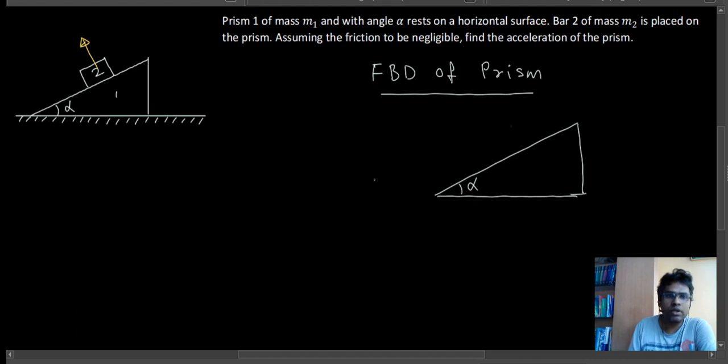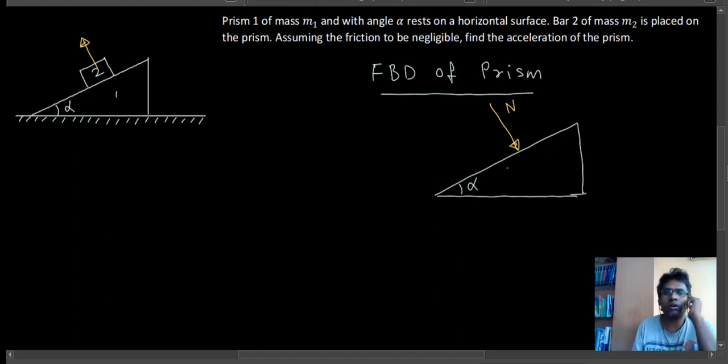By invoking Newton's third law, the bar applies the same magnitude force in the opposite direction. So the bar is going to apply a force on the prism in this direction. Let's call this force N. It is usually called the normal reaction.